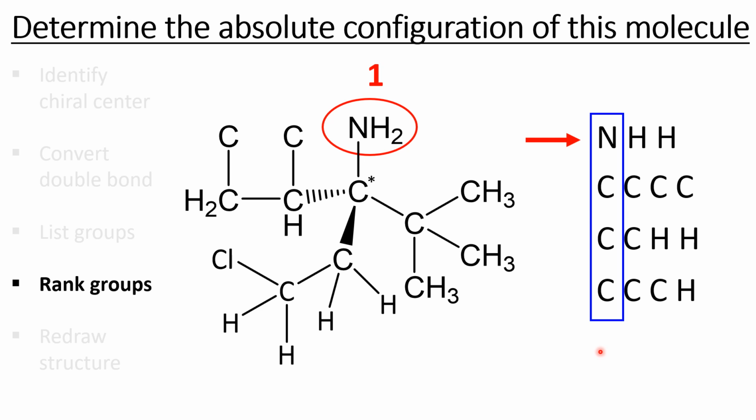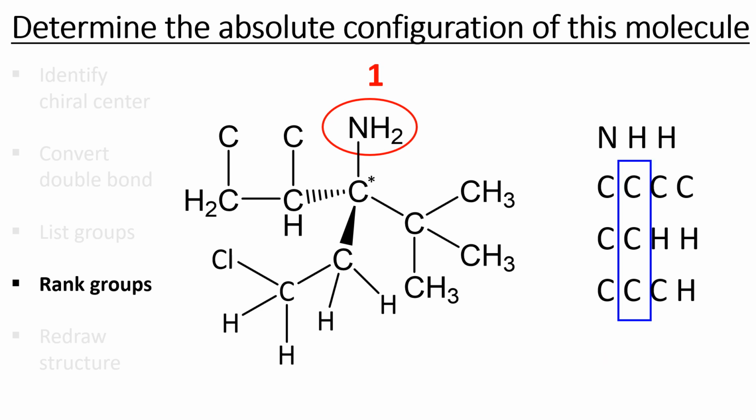However, since these are all carbon atoms, there is a tie, and to break this tie, we will go to the second atoms. All the 3 second atoms here are also the same. Again, there is a tie. And to break the tie, we will go to the third atoms.